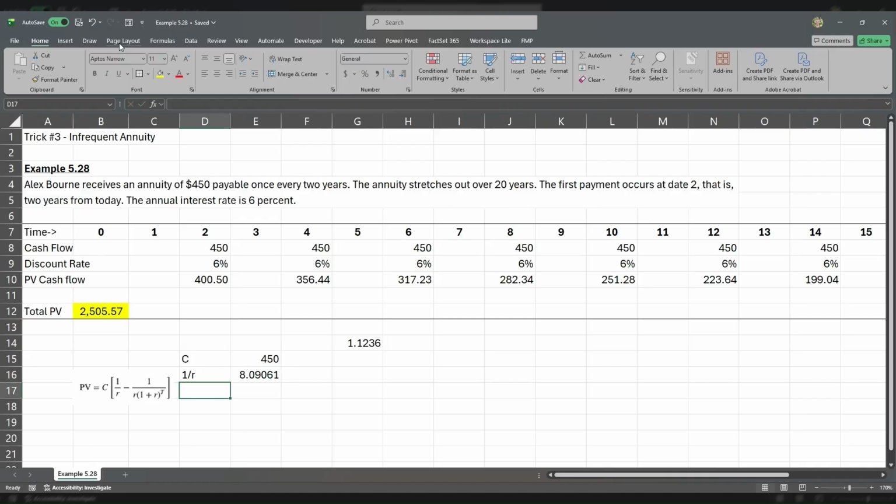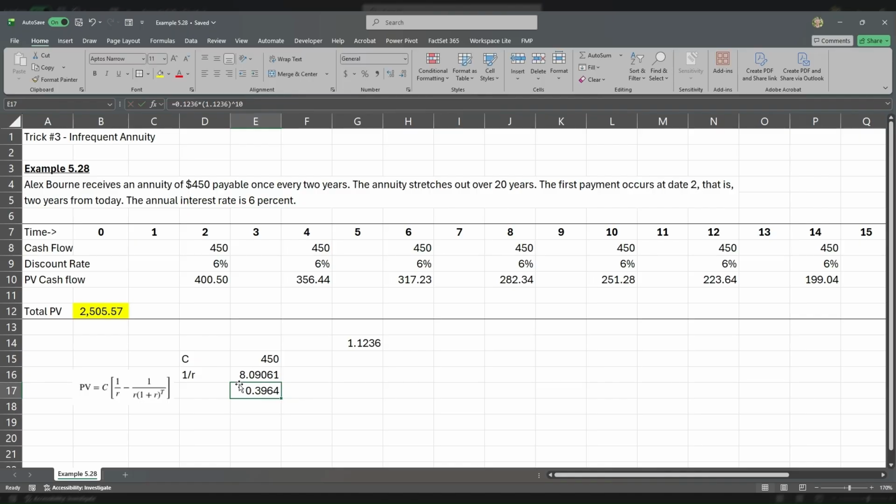And here what I'm going to do is 1 divided by R times 1 plus R to the power of T. So I'm going to do my denominator first, which is going to be just 0.1236 times 1.1236 to the power of 10, right? 20 years, every 2 years, 10 periods.